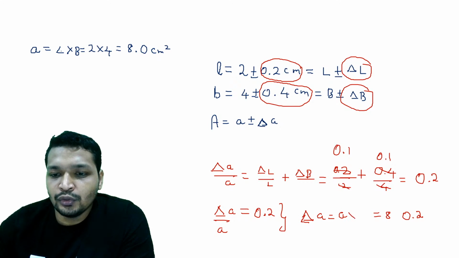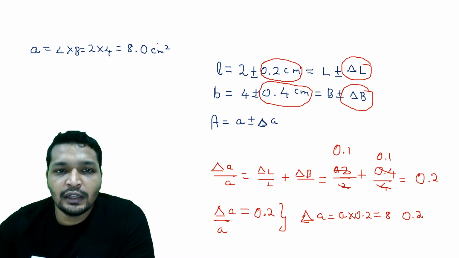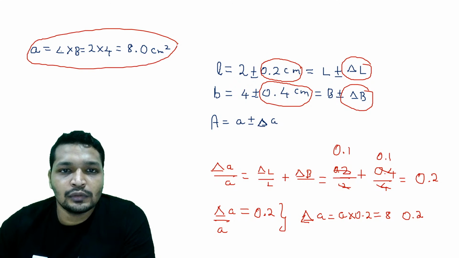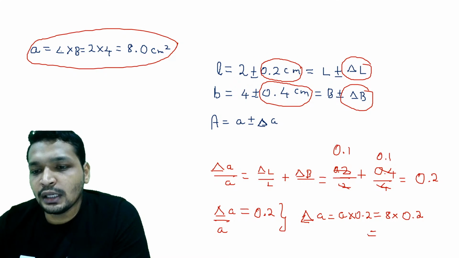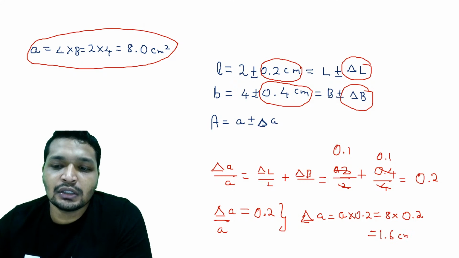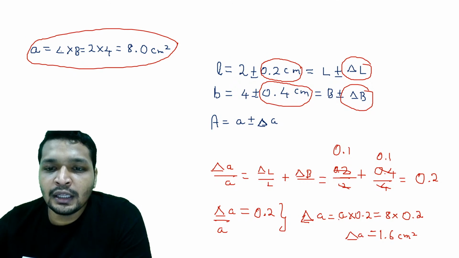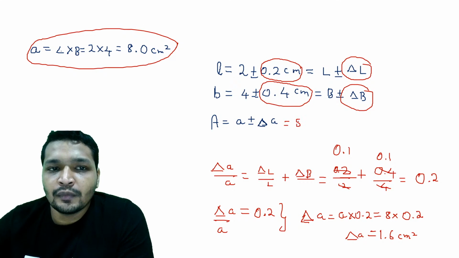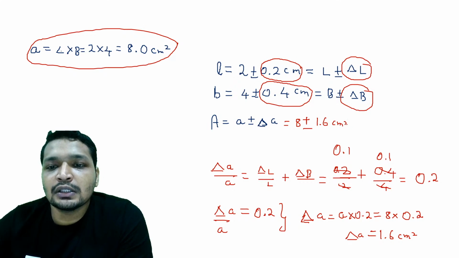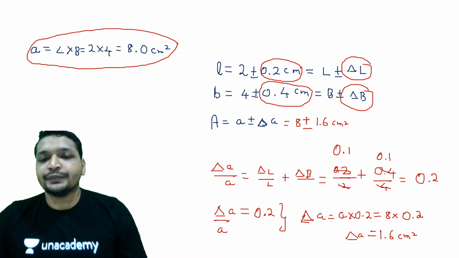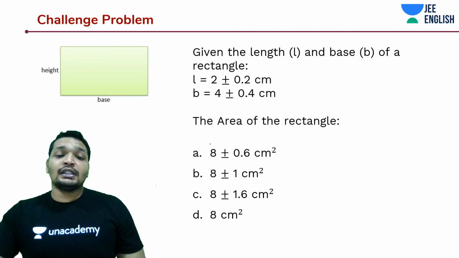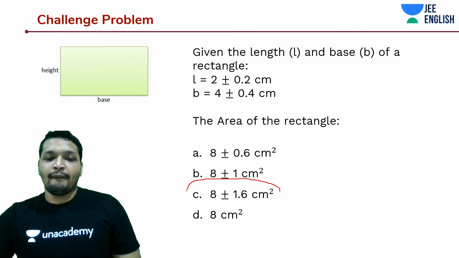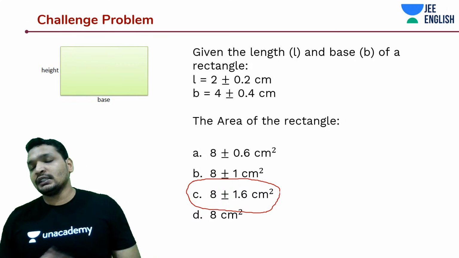We know the value of A, that is 8 into 0.2. How much is that? 1.6 centimeters squared. So what should be your area? Your area should have been 8 plus or minus 1.6 centimeters squared. Really simple. Let's check which option that is. That's C.